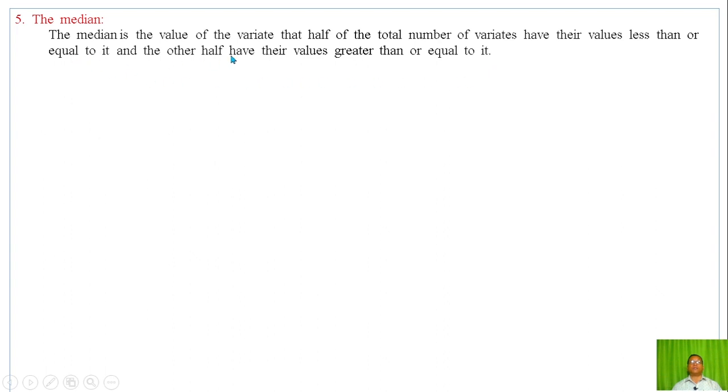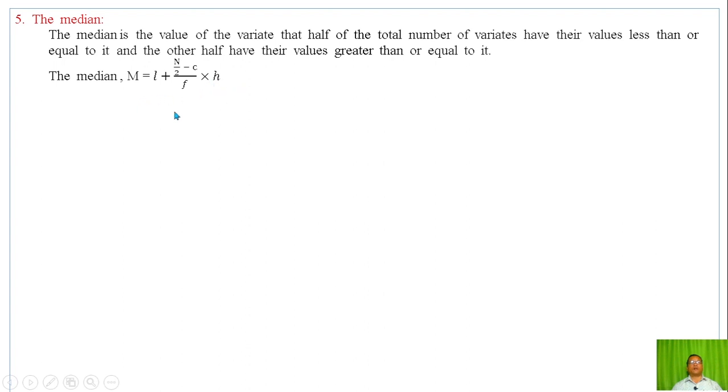For ungrouped data, the median is an observed value or a number between observed values. The median is M equal to l plus n by 2 minus c by f into h.